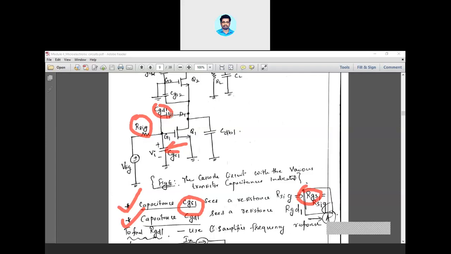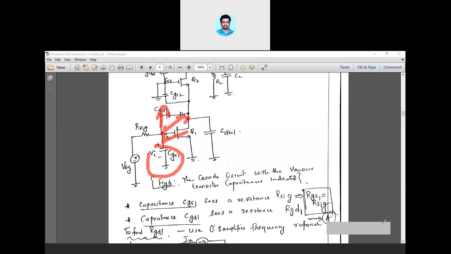So when you open this, you can't find any resistance directly, unlike the previous case. When you open CGS1, you are able to find Rsig, but that is not the case with CGD1. Do you find any resistance across these two terminals? There is no physical resistance connected between these two terminals, so I can't find RGD1 by direct observation.